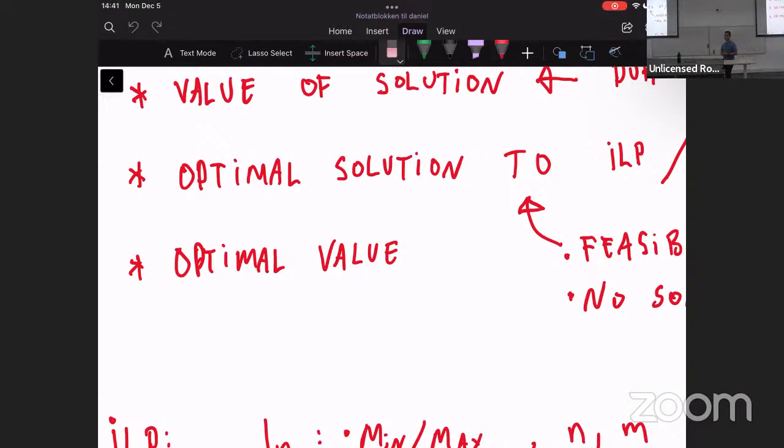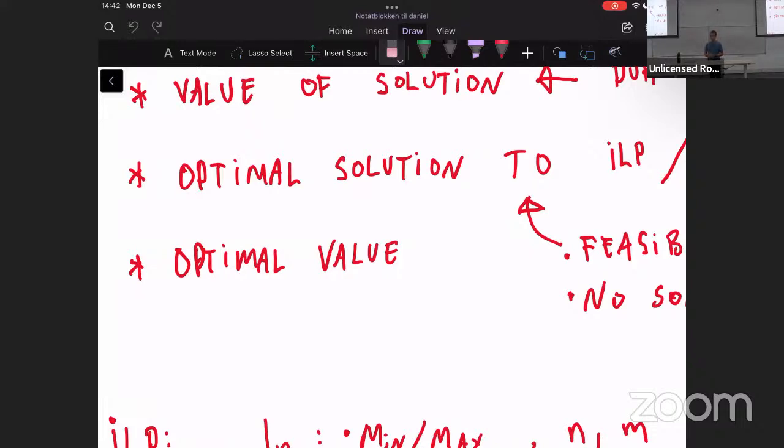It might be feasible, but not have an optimal value for another reason. Any ideas? It can be unbounded. If I'm saying maximize x1 subject to no constraints at all, or x1 is greater or equal to 0, then I can choose x1 as large as I want and get as much objective function value as I would like. And then, of course, there is no optimal value.